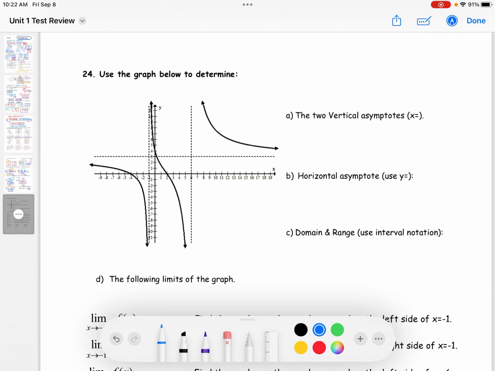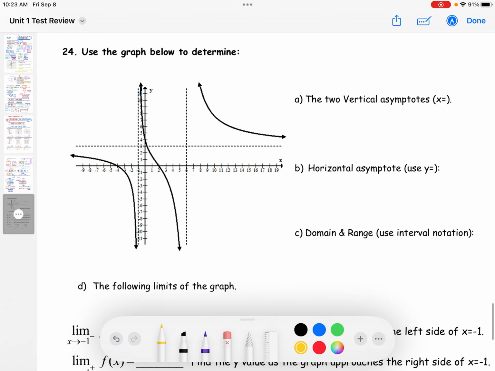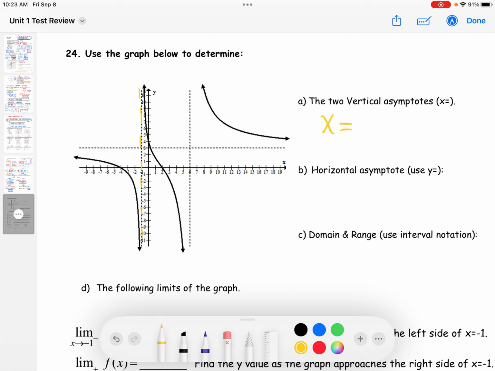We are using this graph to find vertical asymptotes. Remember, asymptotes are lines that a graph approaches but does not touch. So we have this vertical asymptote, this dashed line here, that is at x equaling negative 1. It's the equation of a line, so write it as x equals. We have another vertical dashed line here at x equals 6.